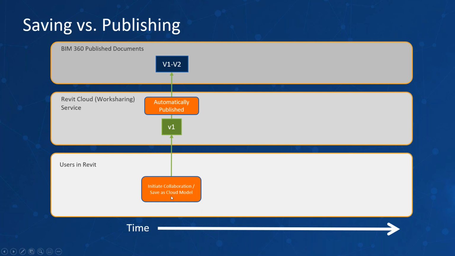So the first time, this is automatic. I'm saving to central, and the first time it automatically creates a version 2. I'm not going to spend too much time on why it's version 2. It's a placeholder, and then it fills the data. So version 2 is actually the first visible file inside of the system.